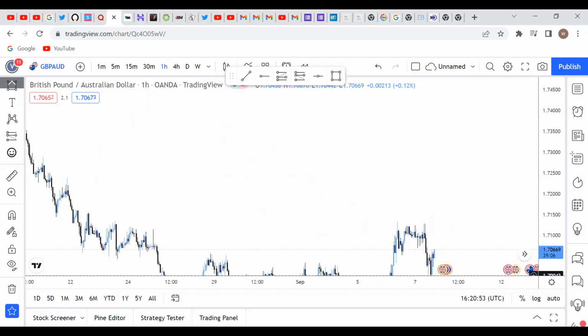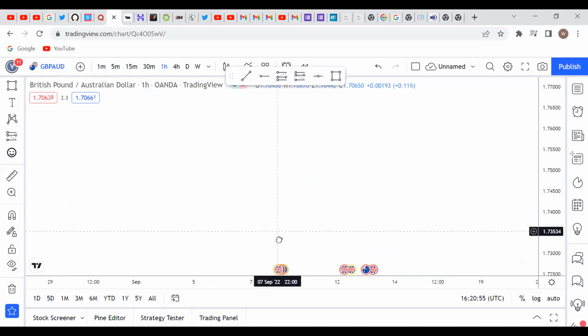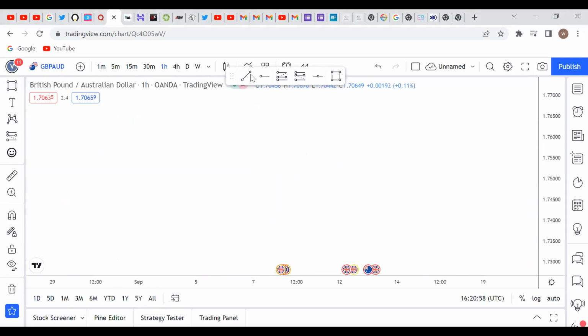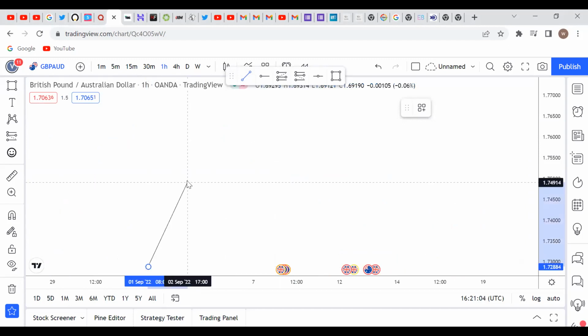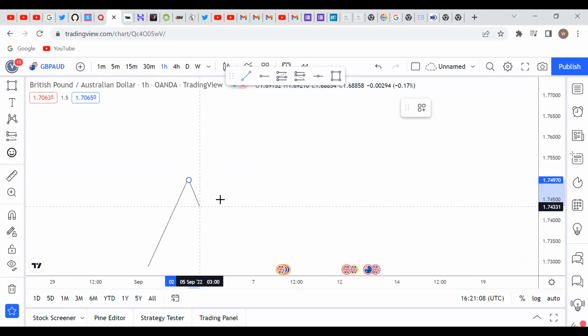Now, as I said earlier, if you're having a triangle where the market is coming from an upward trend like that, you're going to have two types of triangles, or three.